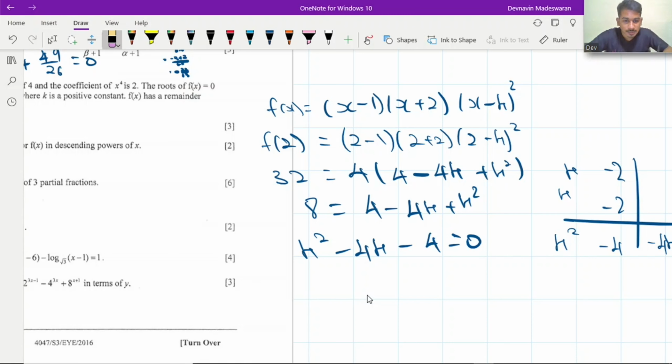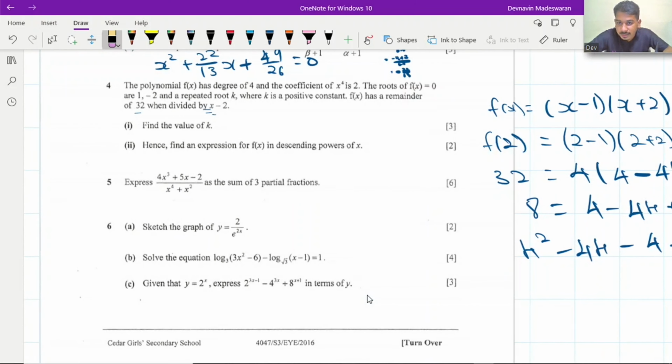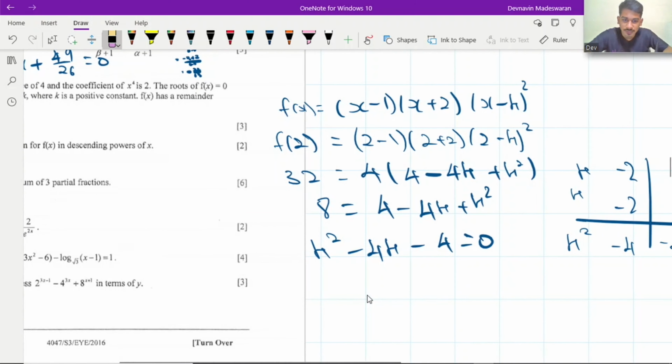I check this line, it is perfect. Divide by 4, you're going to get 8. Moving it, you're going to get negative 4. It all seems correct. Find the value of k. What is the value of k?